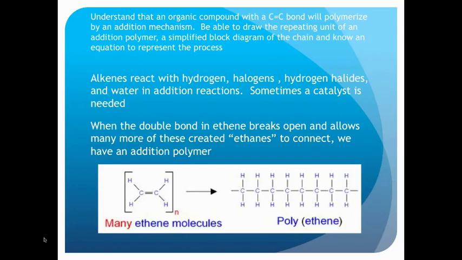The picture on the bottom of this slide is many ethene molecules that have been broken down at the double bond, and it allows other ethene molecules broken down at the double bond to connect into polyethene. This is called an addition polymer. We saw this last year.